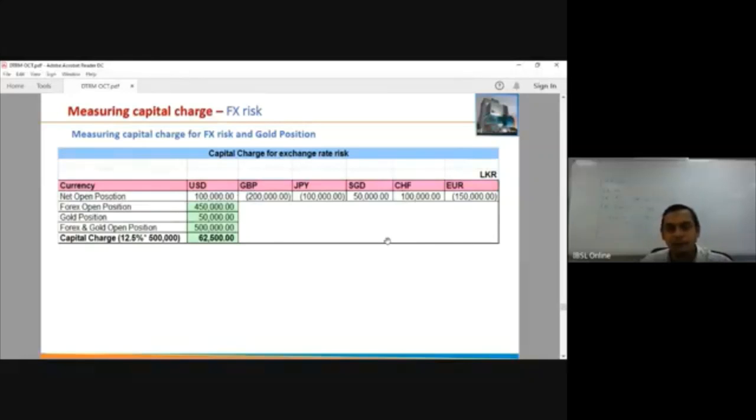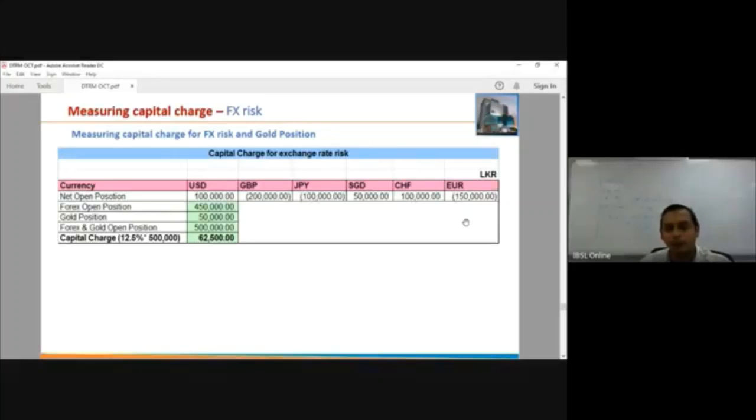So since we are using the shorthand method, it says add up all the long positions. So plus 100,000, 50,000, 100,000, altogether 250,000. And similarly, you add up all your short positions, that is 200, 300, 450.